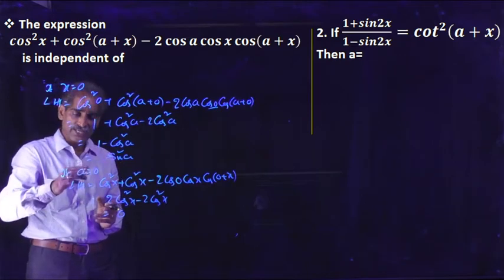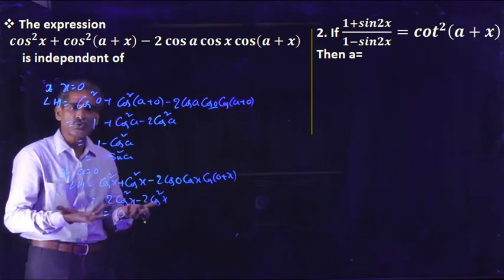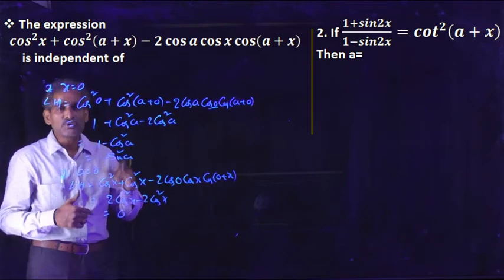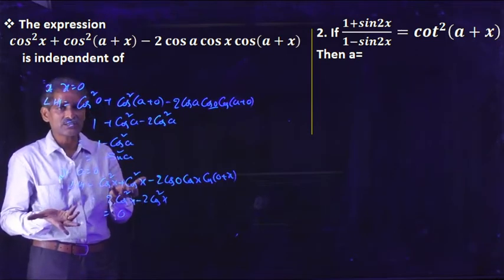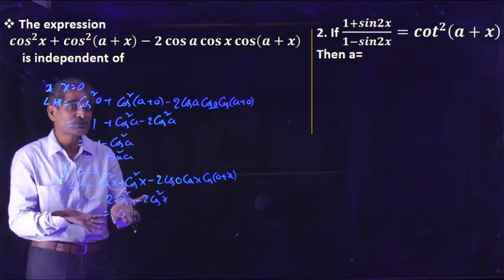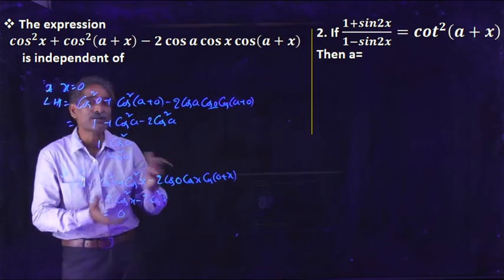If you take a equal to 0, we are getting a constant, there is no a and x. If you take a equal to 0, that means we are removing a but we are not disturbing x. Even though we are getting some constant value, the expression is not in terms of x. So from these two, we can say that this expression is independent of x.